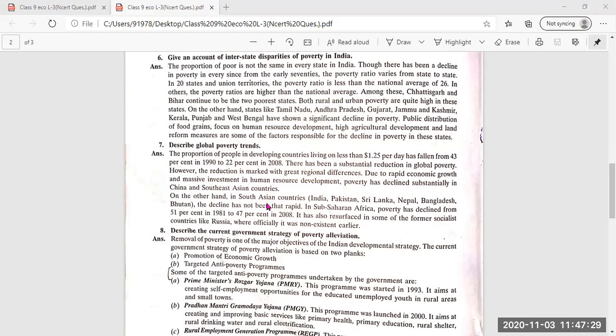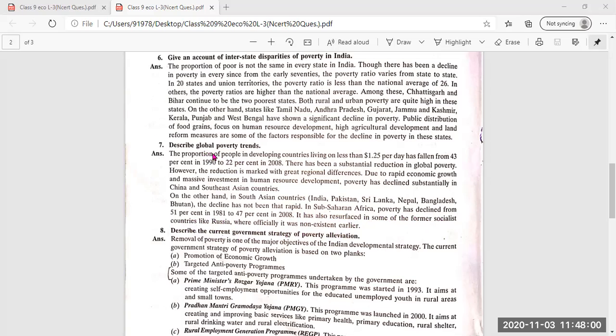On the other hand, in South Asian countries like Pakistan, India, Sri Lanka, Nepal, Bangladesh, Bhutan, the decline has not been that rapid. In Sub-Saharan Africa, poverty has declined from 51% in 1981 to 47% in 2008, and it has also resurfaced in some of the former socialist countries like Russia, where officially it was not existent earlier.